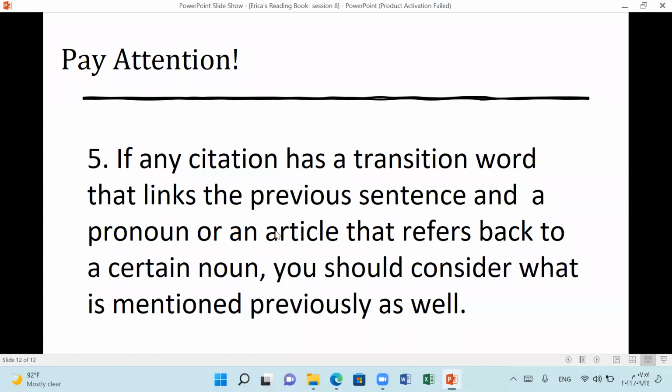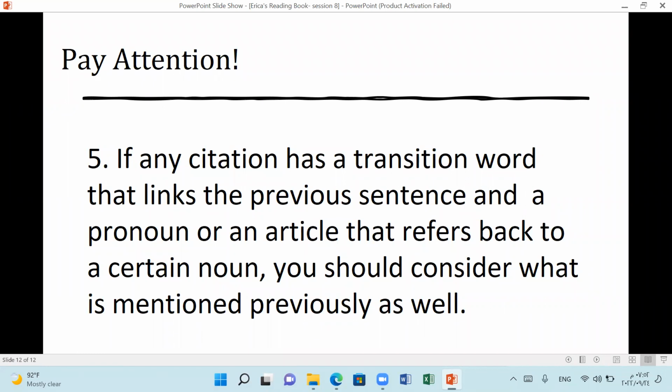A transition word means like however, moreover, furthermore, and so on. Their main job is to link what was stated earlier to what is stated after the transition word. So it links what is before to what is after, making them one unit.